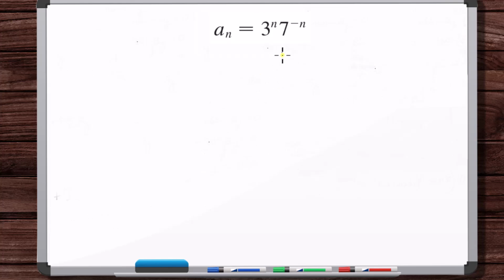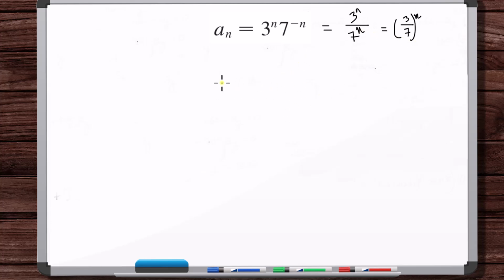Okay, so I would always say the first thing to try is if you can turn this into a regular function. So this is 3 to the n over 7 to the n, which is (3/7) to the n, based on properties of exponentials.